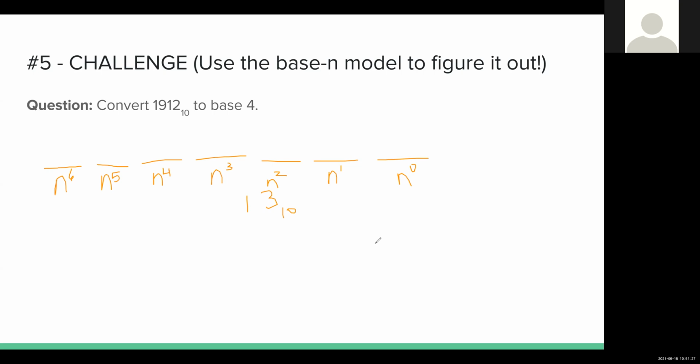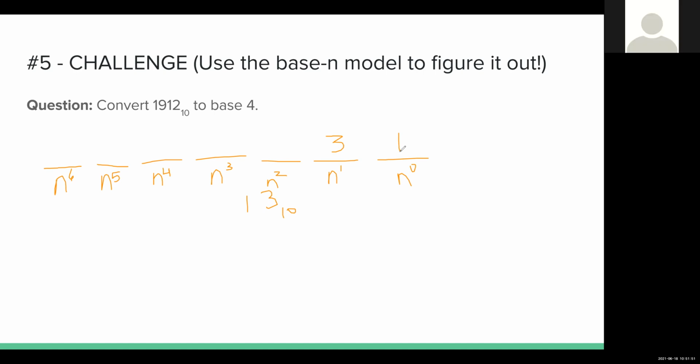It would actually be 3, because 4 times 3 is 12. So we'd put a 3 here, and then 13 minus 12 is 1. How many 1s fit into 1? Just 1. So we would have 31 base 4 is 13 base 10.